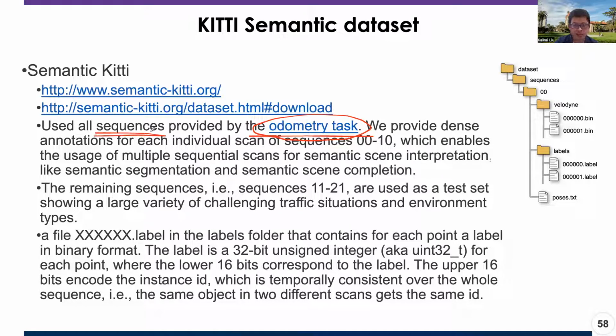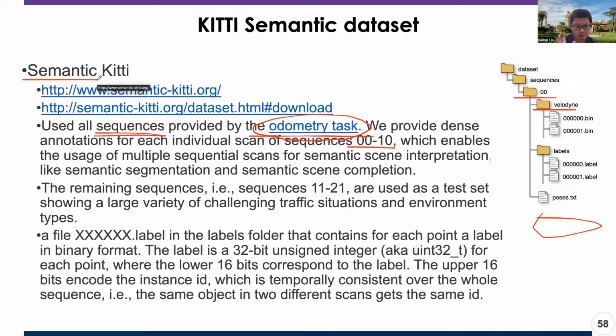And this sequence data, the same sequence data for the LiDAR and the image, you can download from the odometry task. 00 means one sequence, and they also have 01 and others. In total, they have 00 to 10. They have additional annotation for semantic annotation.